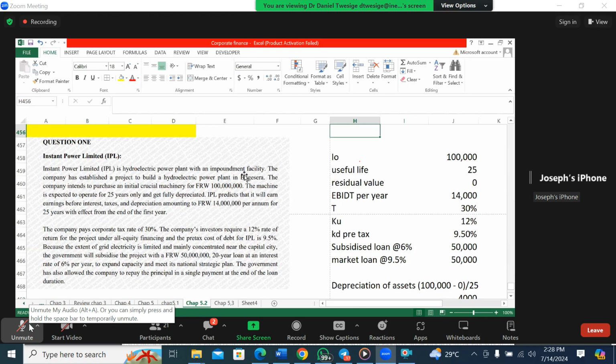Maybe the asset is not allowable depreciation. Let's hear from others. For me, because we have been given that the asset is depreciating and there is a tax rate, we need to calculate this depreciation.